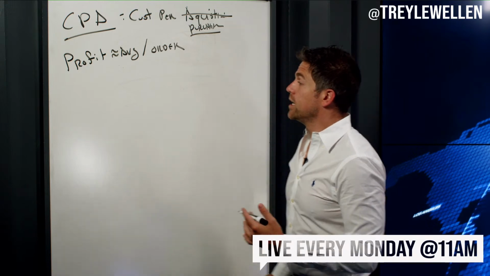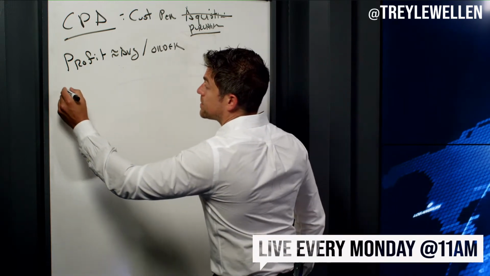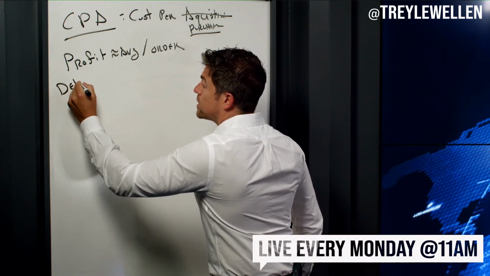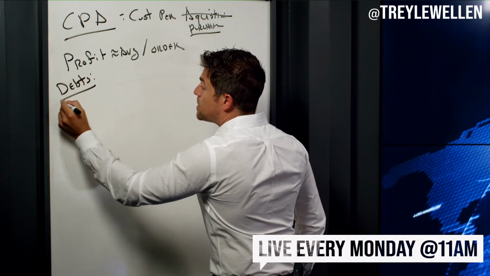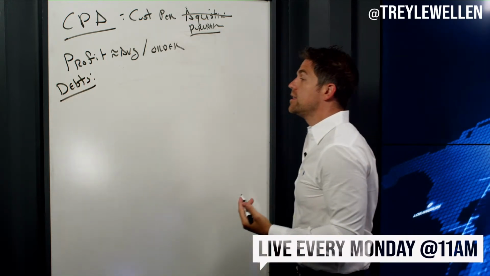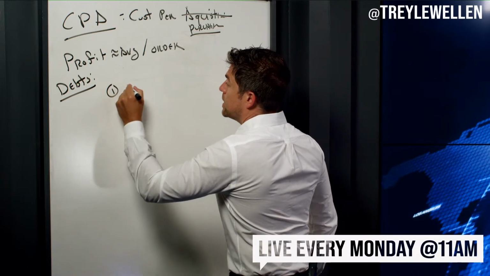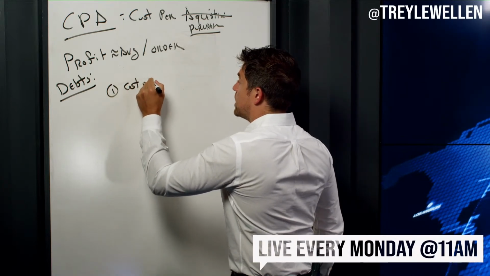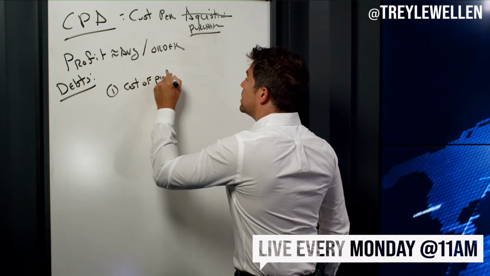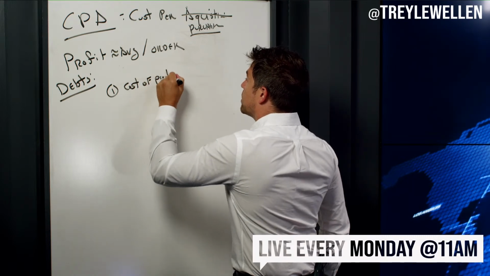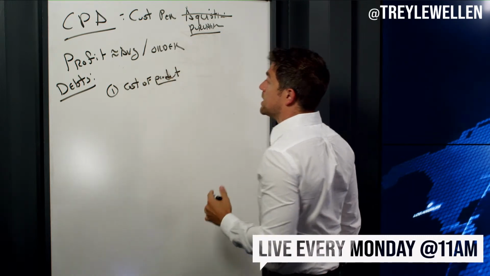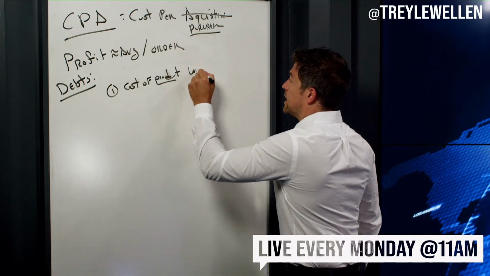So with that, we need 2 things: debts and credits. We need to figure out exactly what all of our debts are, and a lot of people miss this. They think the only debt they need to calculate is the cost of the product. There's way more than that. But first we need to know how much we paid to get the product landed, landed in the US.